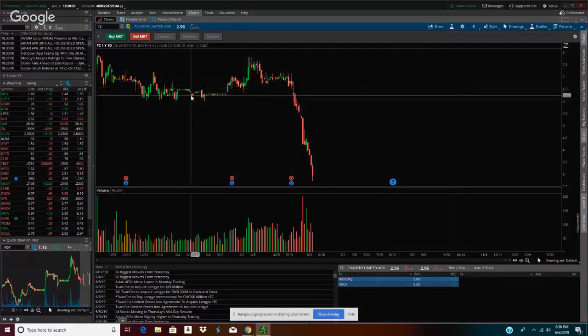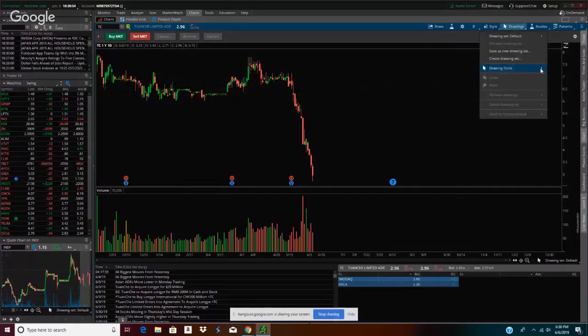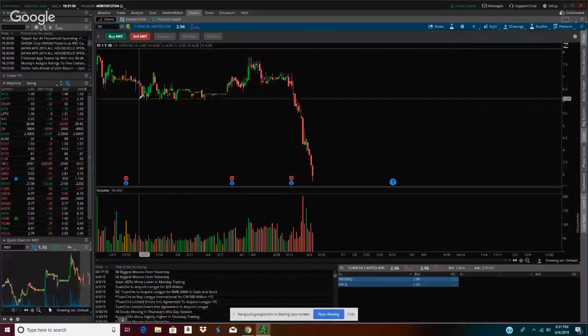Previous support in this area starts to act as resistance.